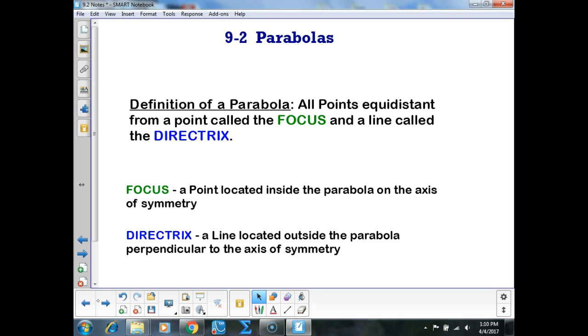Equal distance, right? So the same length. Okay? So a parabola is a curve, a conic section, where any point that's on our parabola is the same distance from a point called the focus and a line called the directrix. Okay?